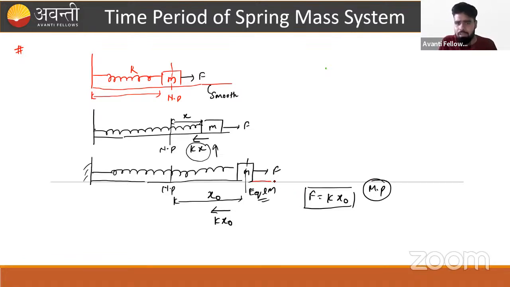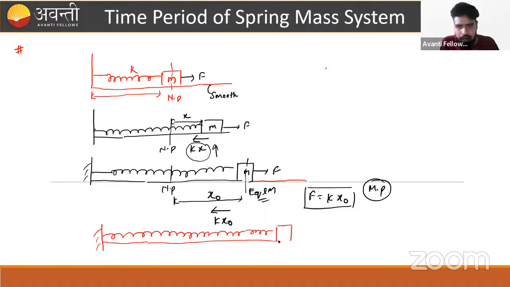We just displace this particle slightly in either direction. If we displace this particle in the positive X direction, please try to understand my feeling because time is always a constraint for us. So let's give importance to time. If we displace this particle from the mean position by an amount x, can you tell me what the total spring force is?